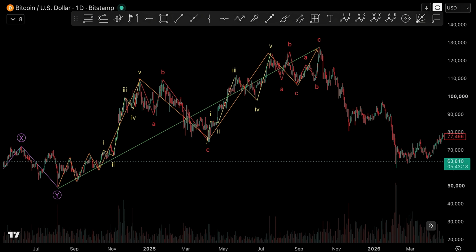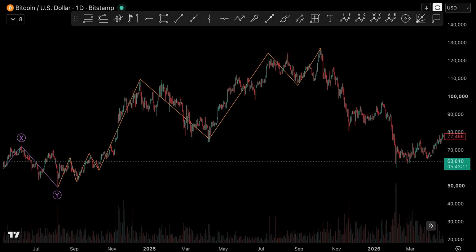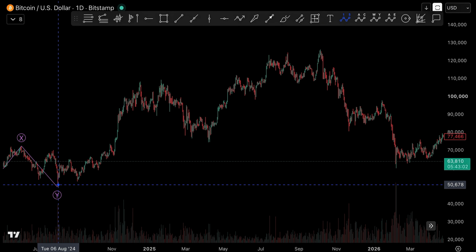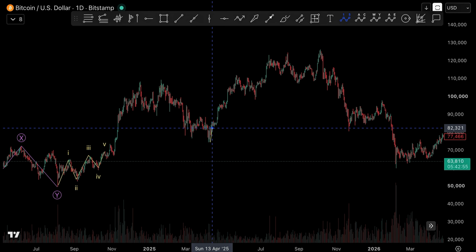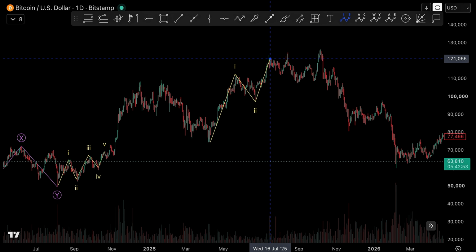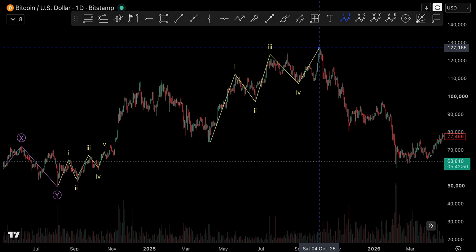But this double 1-2 count is not the one which I prefer. I prefer the one which I said earlier, and that is a leading diagonal first here ending with the ending diagonal here. So you can go back and look into that wave count, and that is this one.